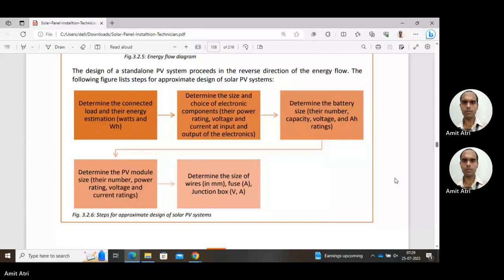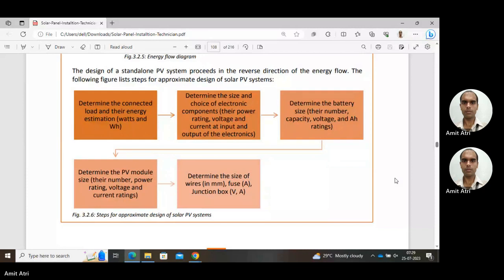The charge controller, we can decide in this way. What should be the power rating, for how many kilowatt or kVA? How much voltage, how much current? The capacity of the power electronic device should be suitable for the load which we are having.